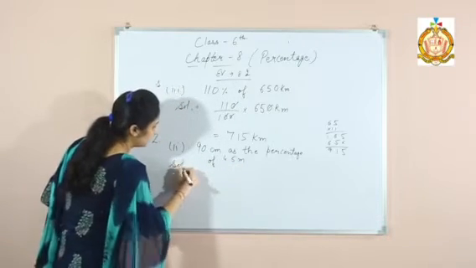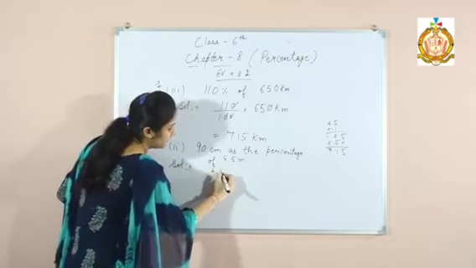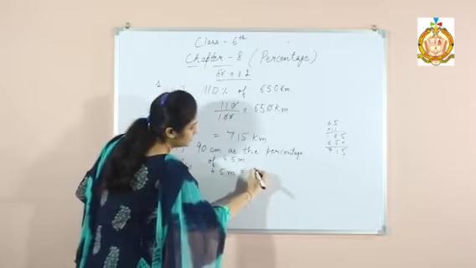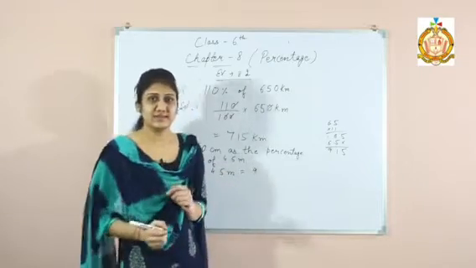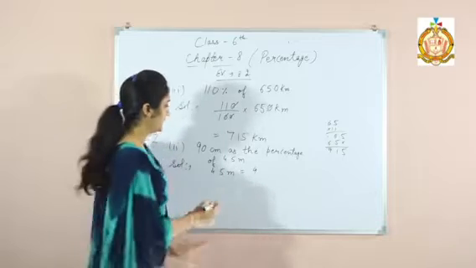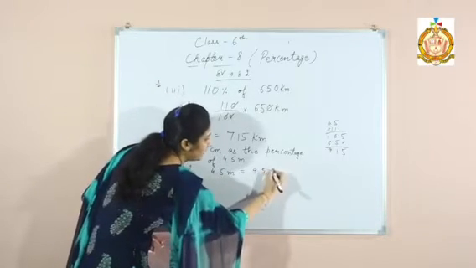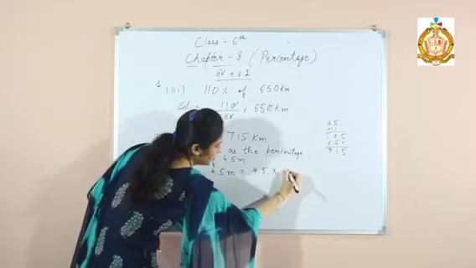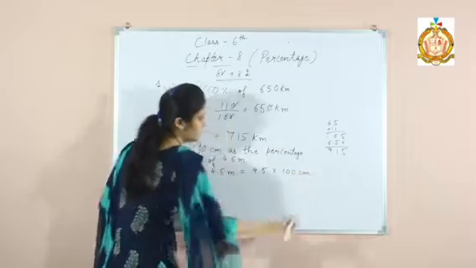We can write 4.5 meter is equal to, 1 meter contains 100 centimeter, so we will multiply this one with 100. 4.5 into 100 centimeter.